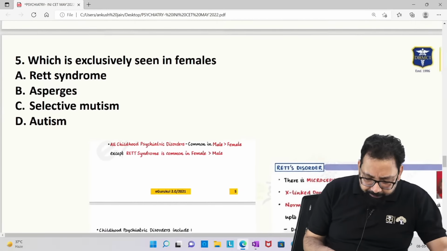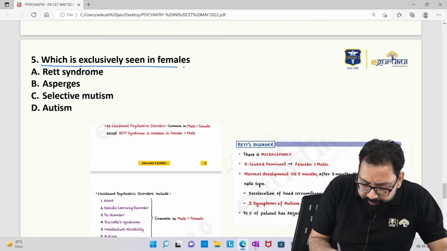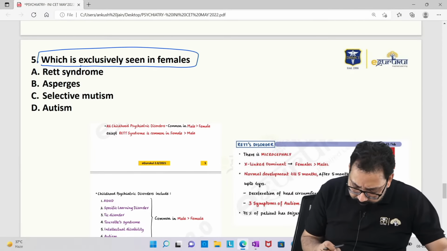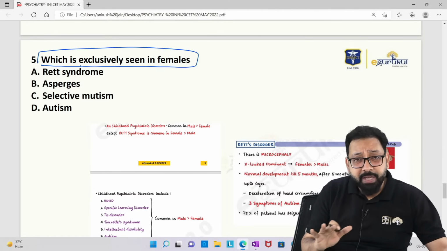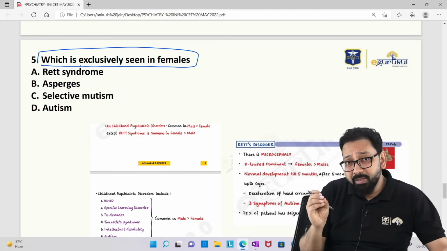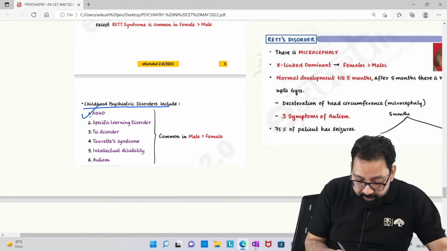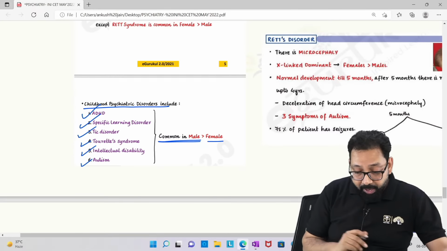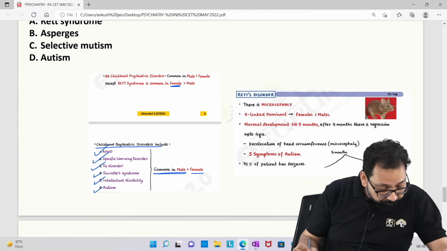This is a very frequently asked question, which is exclusively seen in females. I discussed many times in child psychiatry that most of the childhood psychiatric disorders are more common in males. Childhood psychiatric disorders, ADHD, specific learning disorder, Tourette syndrome, intellectual disability, autism, more common in male. Except Rett syndrome. Rett syndrome is more common in female.